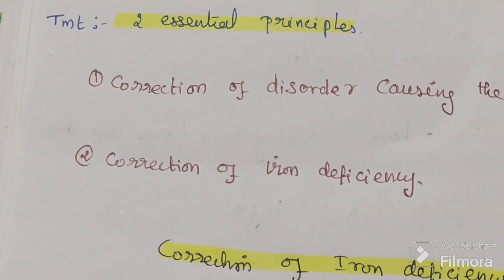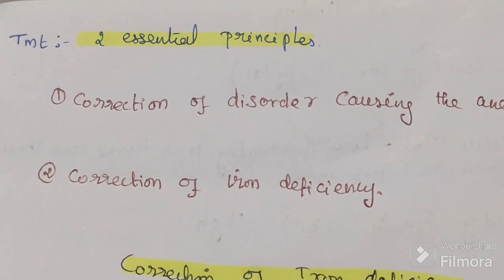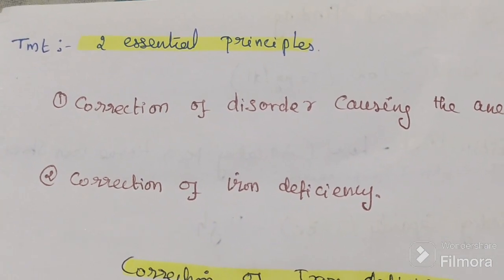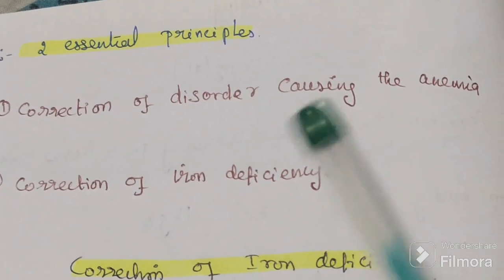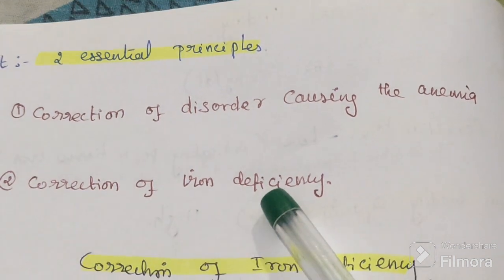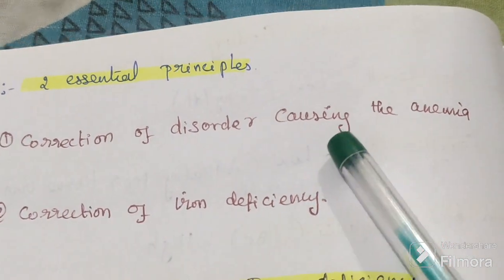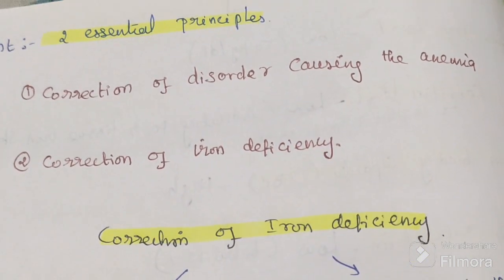Next, treatment. What is the treatment of iron deficiency anemia? Two essential principles. First, treat the causes, and then correct the iron deficiency.